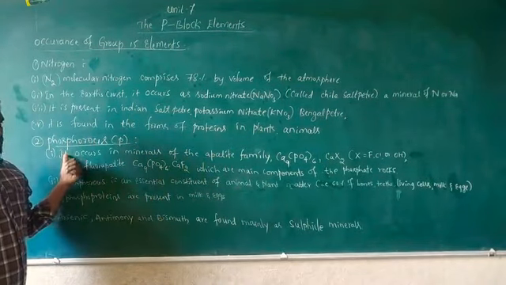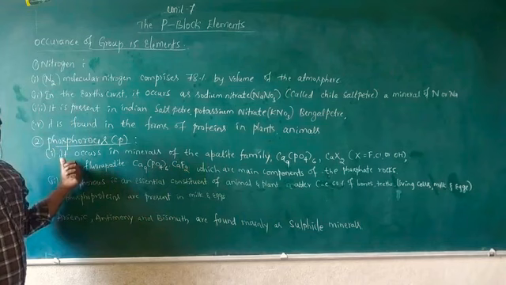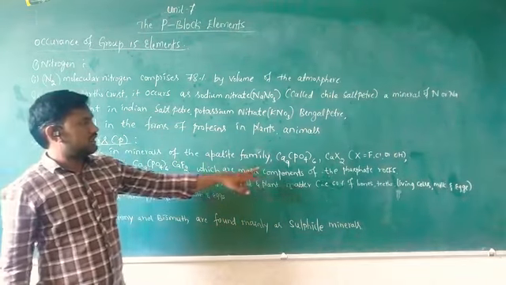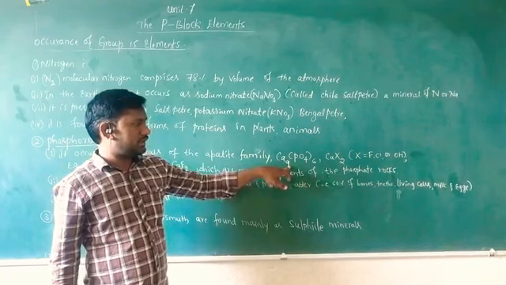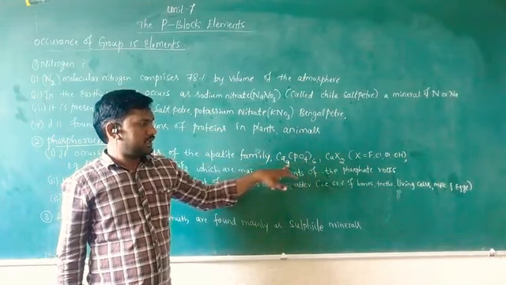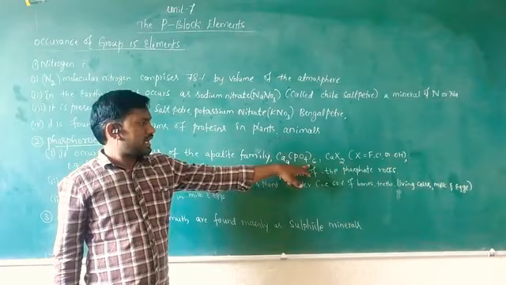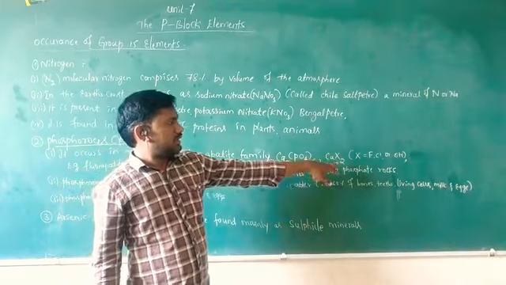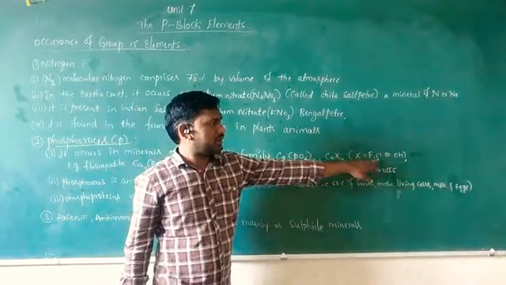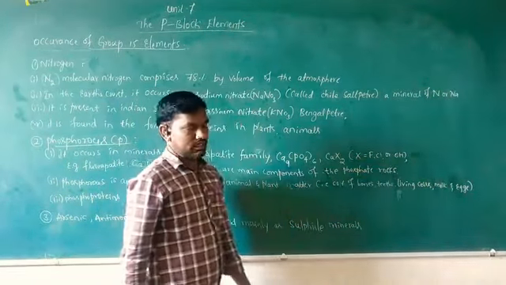Next one, phosphorus. Phosphorus occurs in minerals of the apatite family. The general formula is Ca9(PO4)6·CaX2, where X may be fluorine or hydroxide.